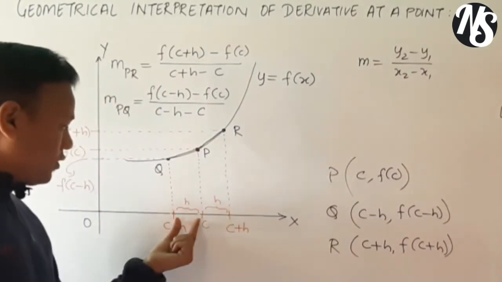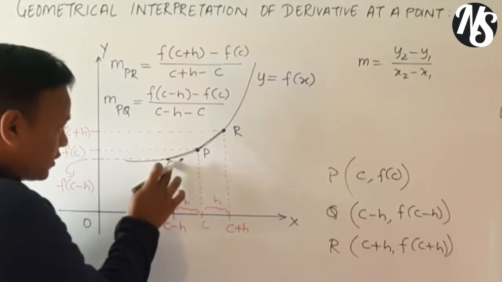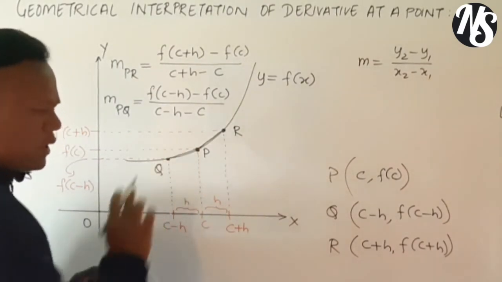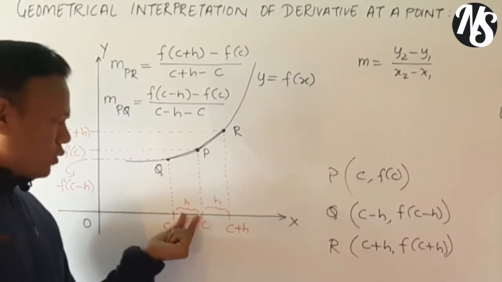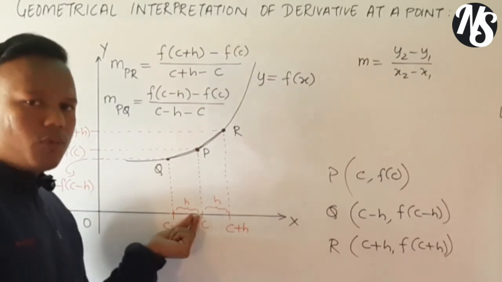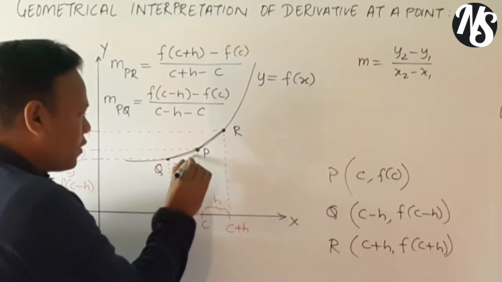That means this Q is going very close to P when h goes to 0. If the width becomes very small, it means that this Q is going very close to P.